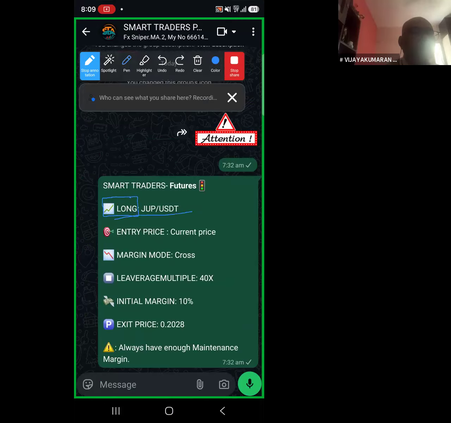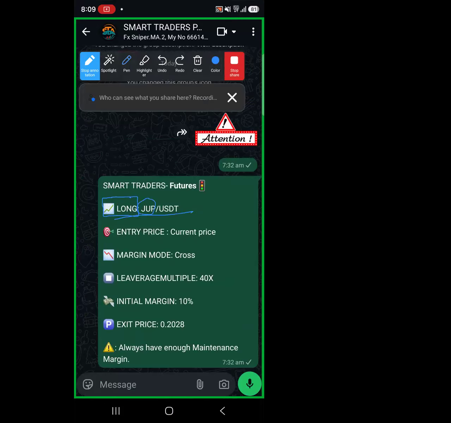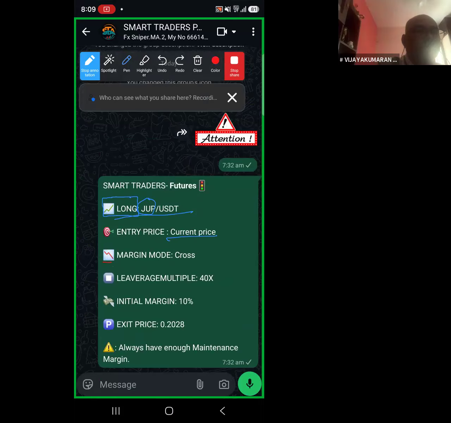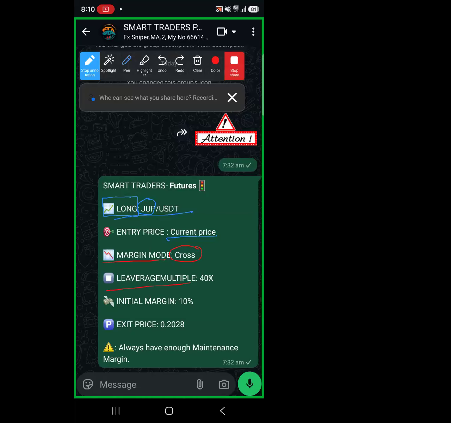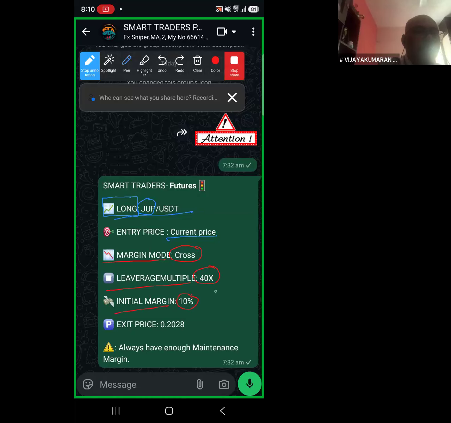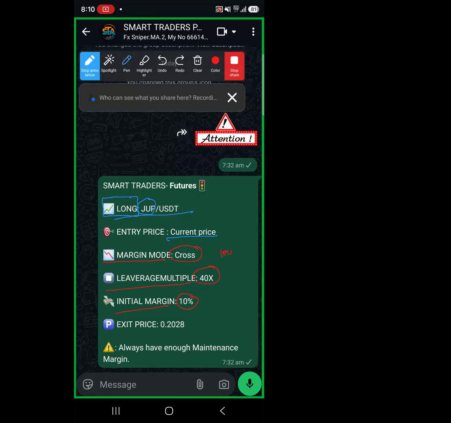It's a long. You're trading JUP/USDT. You're entering at market price. Your margin mode should be in cross. Your leverage multiple should be 40x. Your initial margin should be 10% of your margin.